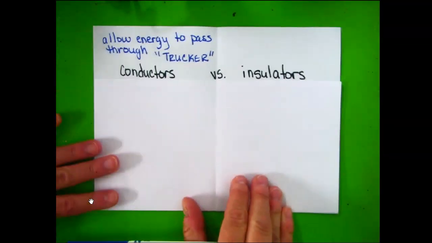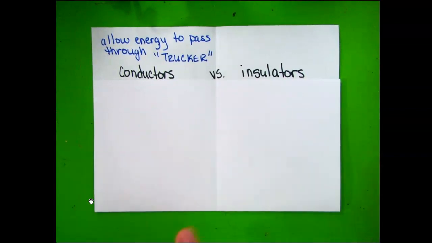Our truckers go from city to city to pass materials, especially in this day and age where we like to order stuff online a lot, right? So you have truckers. So conductors allow energy to pass through.